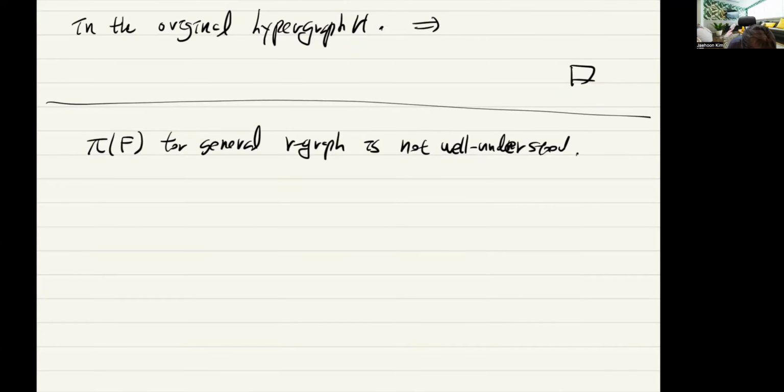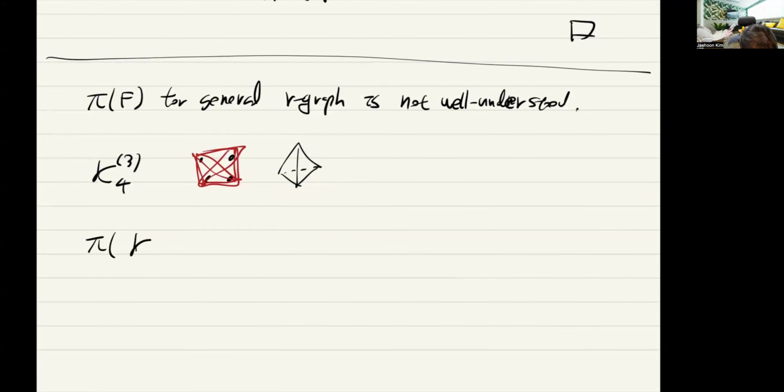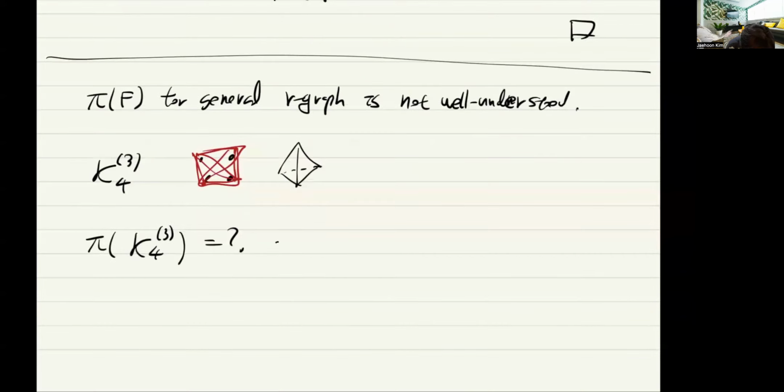For example, one of the very easy cases is the complete 3-uniform hypergraph on 4 vertices. In other words, this is sometimes called the tetrahedron. So you consider all the triangles on the tetrahedron as your hypergraph H. And what's the Turan density of this? This is not known.